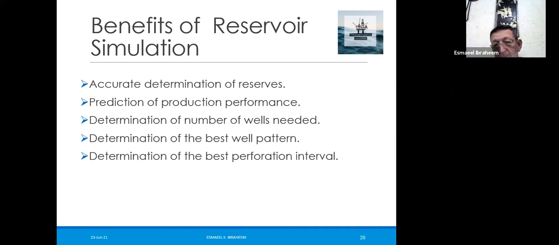The simulator can give you all this information: where to perforate, where to put a well, the number of wells needed, and the production performance of each well and the reservoir.